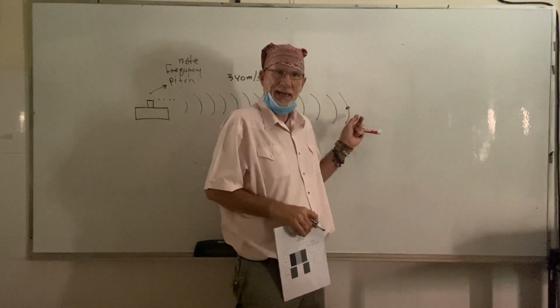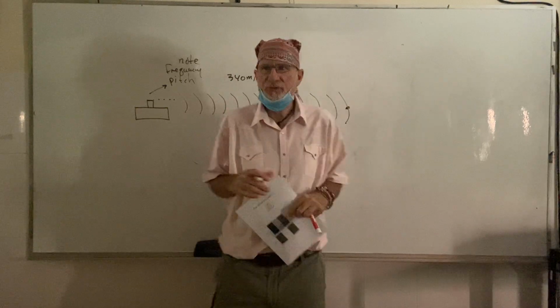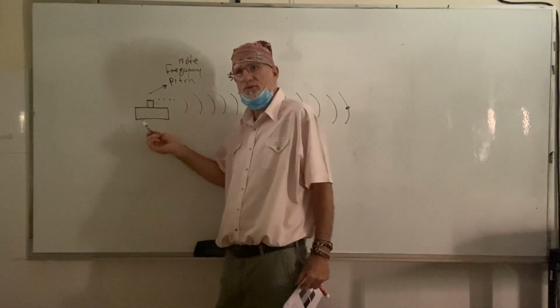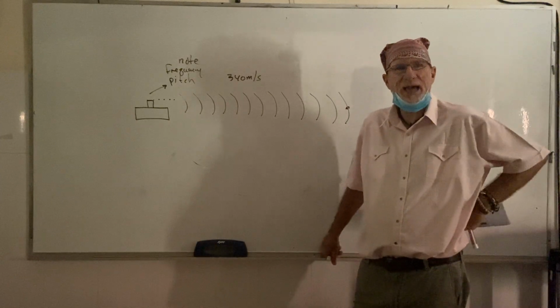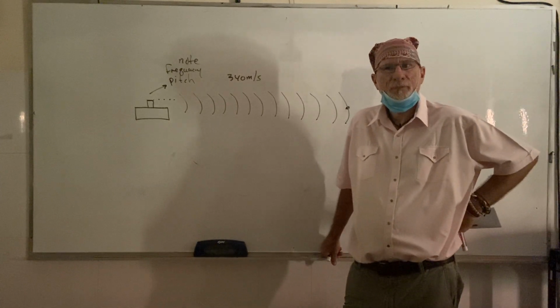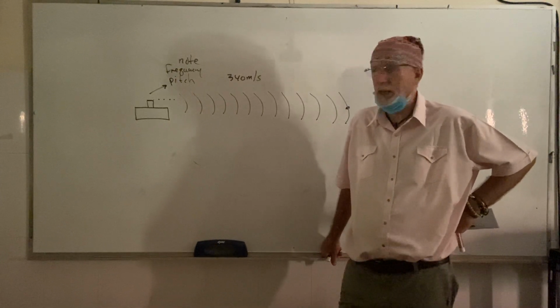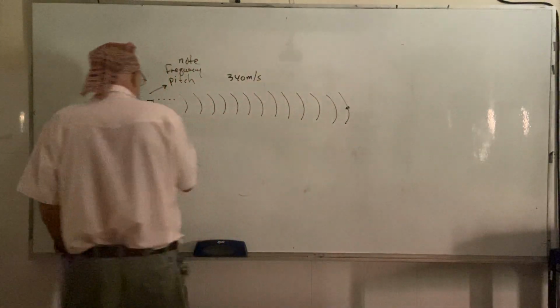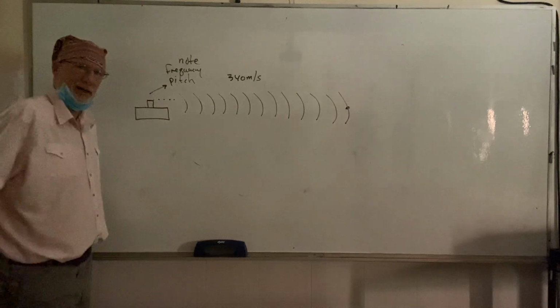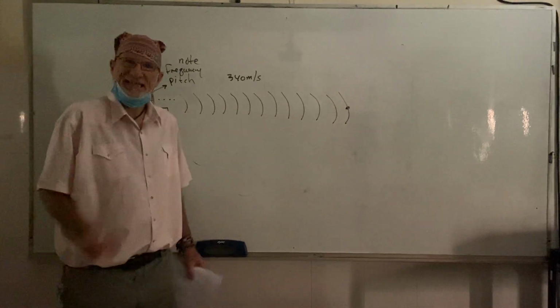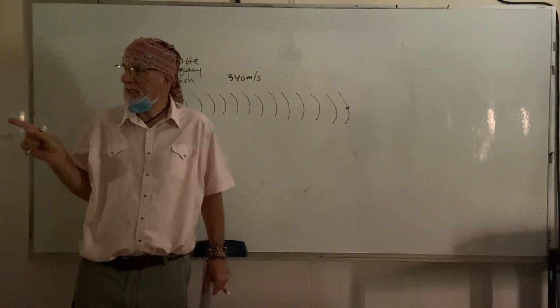Okay, let's just pretend, right? So if this sound source moves fast towards me, what's going to happen to the sound? What's going to happen to the sound waves if this siren is still sounding, yet this vehicle is moving toward me?